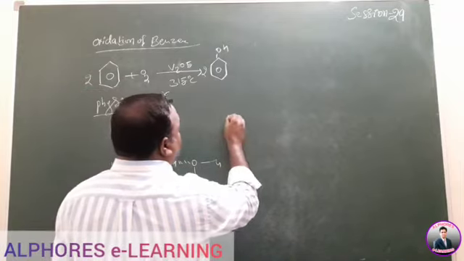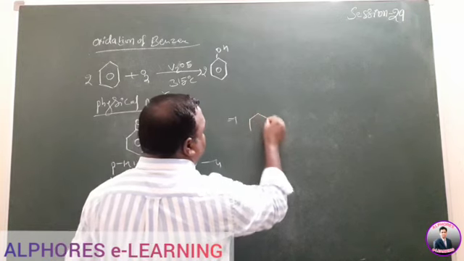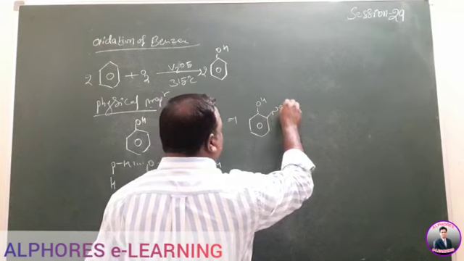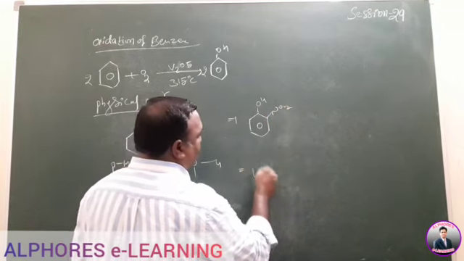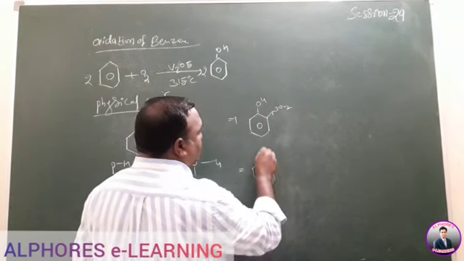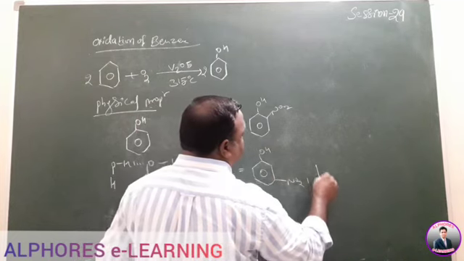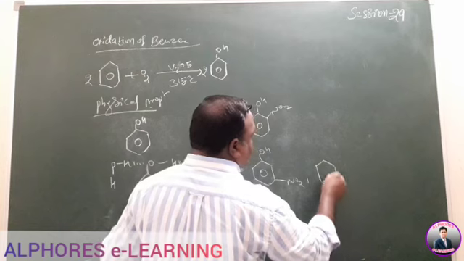If you take substituted phenols, the best examples are orthonitrophenol, paranitrophenol, metanitrophenol.